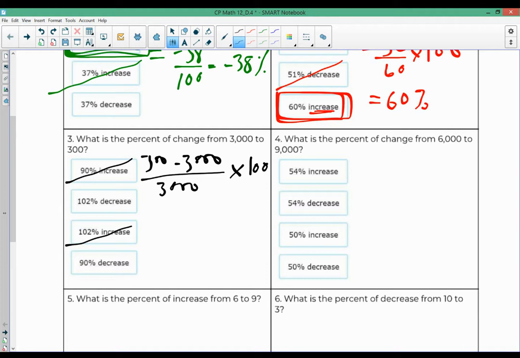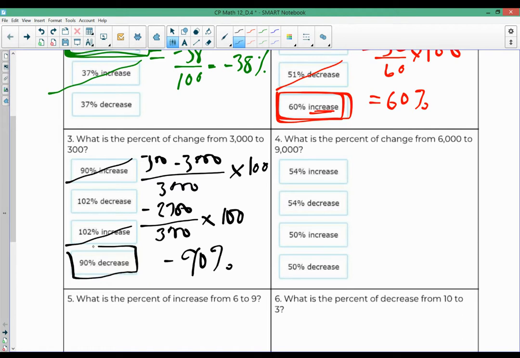So 300 minus 3,000 is negative 2,700 divided by 3,000 times 100. So I can do that all in one step now. I'm dividing by 3,000, multiplying by 100, I get negative 90%. So that is going to be a 90% decrease.